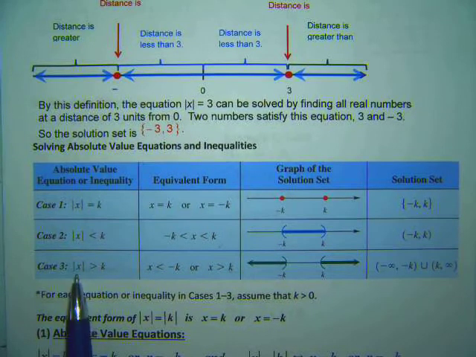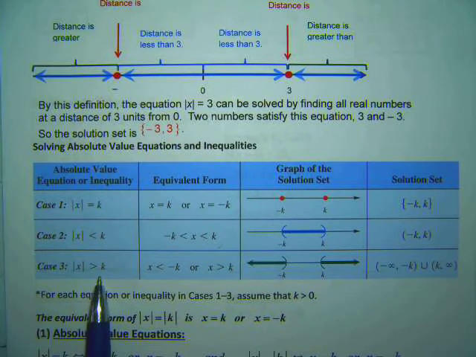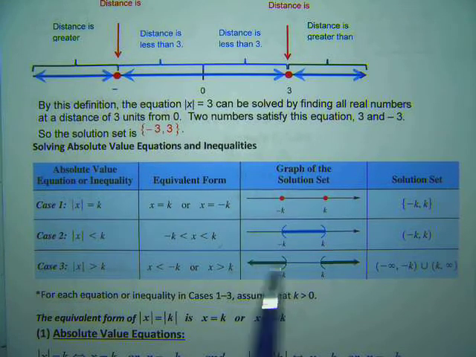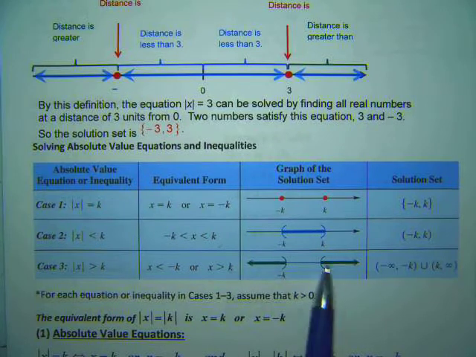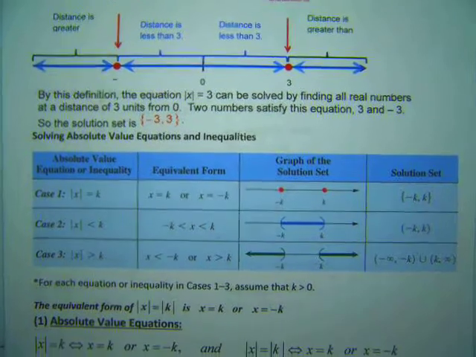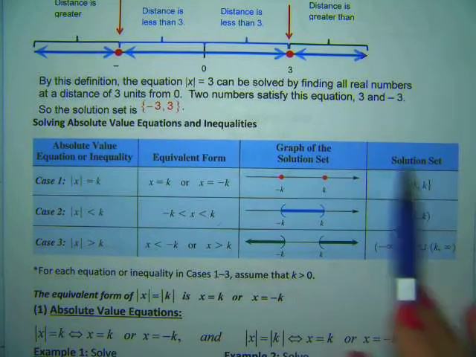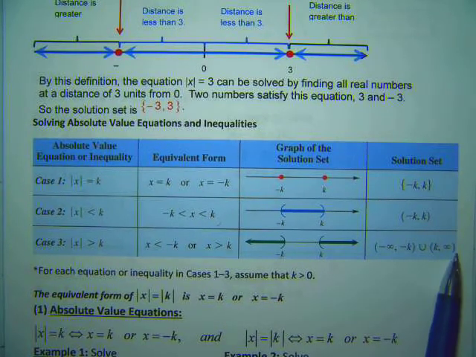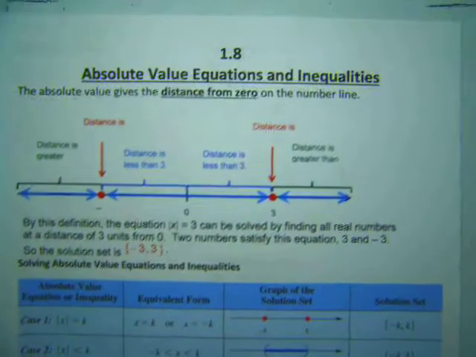Whereas the absolute value of x is greater than k is equivalent to two separate inequalities. Either x is less than -k or x is greater than k. And the interval notation is -infinity to -k union k to infinity. So let's do examples.